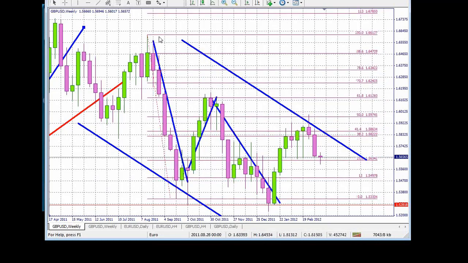And we can see that after we know the length of wave A, we can anticipate that wave B will be at one level of Fibonacci. And in this case, we have the end of wave B at 61.8 Fibonacci. And it starts the C wave.